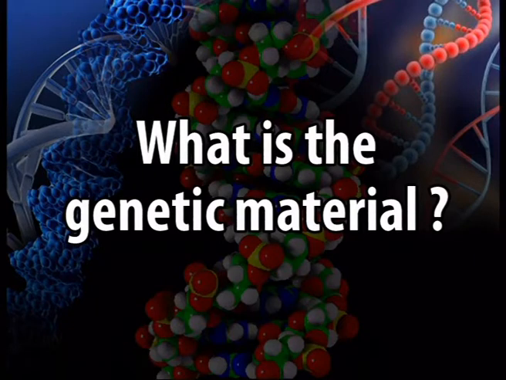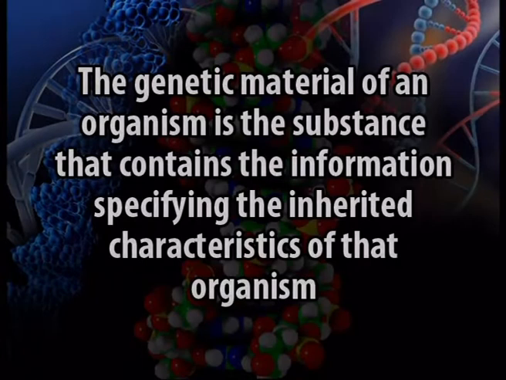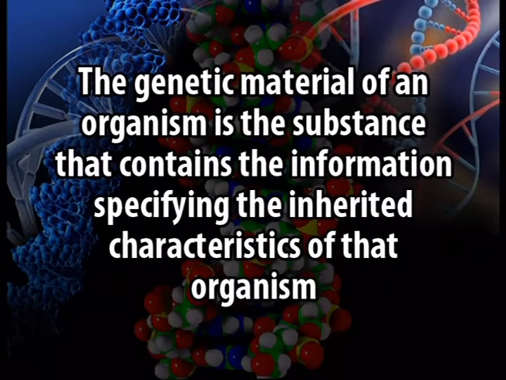Since the structure of DNA is not our immediate concern in the present lecture, what we will be specifically interested in is DNA as the genetic material. So I'll come to the next question, what basically we mean by the genetic material. The genetic material of an organism is the substance that contains the information specifying the inherited characters or characteristics of the organism.